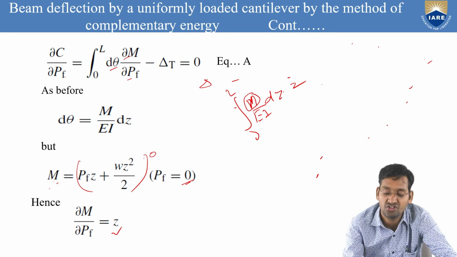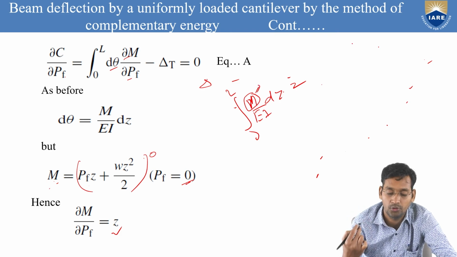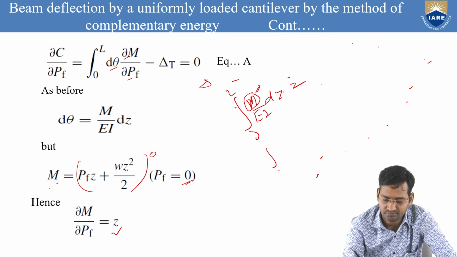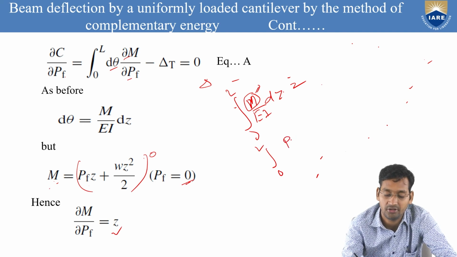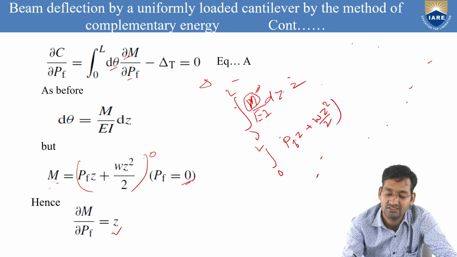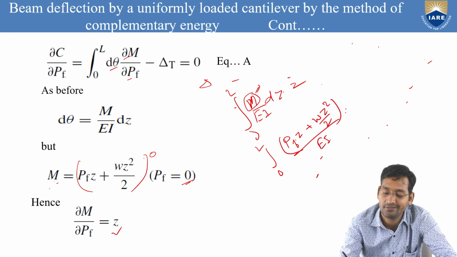So first we have to change this in terms of the load. So what we will do? From 0 to L, M is what? This one. Change this, whatever M we got, replace here. So M is PF into z plus wz² by 2. So this is the value of M divided by EI, you can keep it here also or outside the integration, and dz, right.